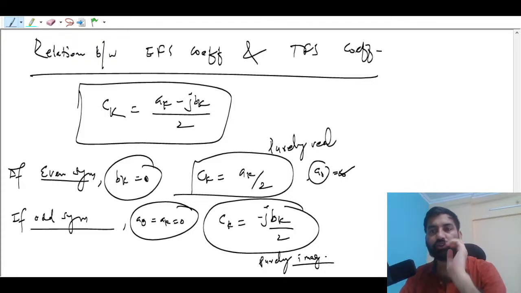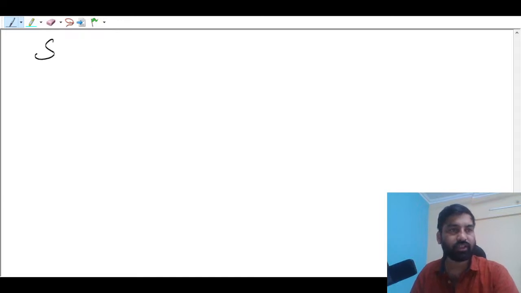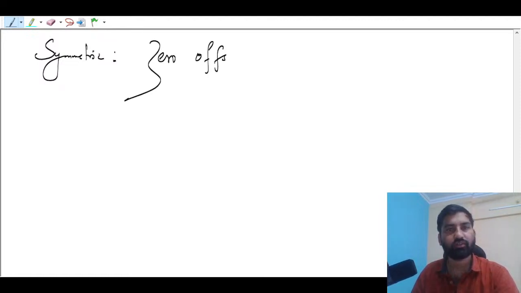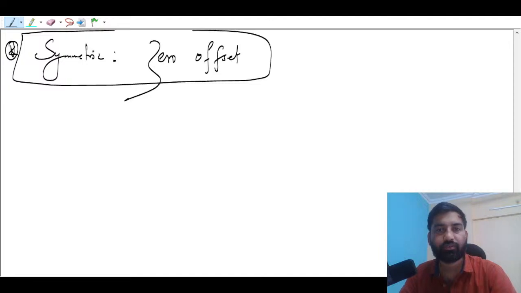Okay, so we can then pick the symmetric. Symmetric means zero offset. Let me tell you, if something is symmetric, it will always have, remember, zero offset. Symmetric means zero offset, right? It must have zero offset, okay. If you pick the symmetry which has zero offset, like odd symmetry, zero offset, even, there will be a zero offset, okay.